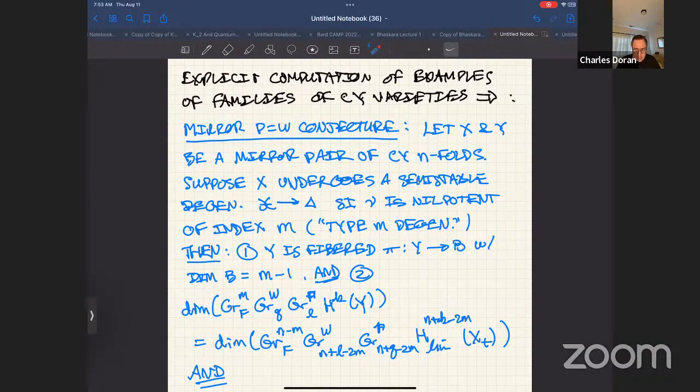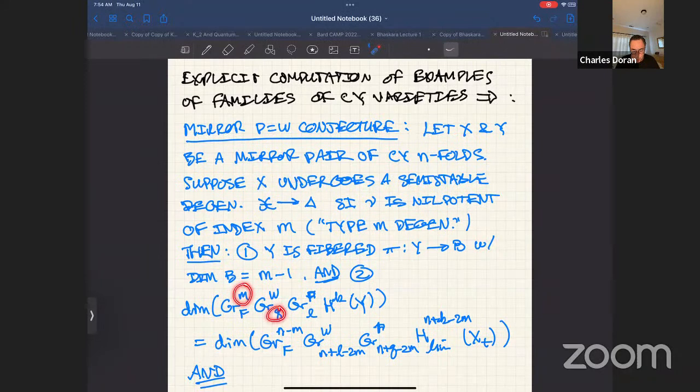And secondly, the dimension of, okay, now I'm going to do graded pieces, but this is slicing and dicing the graded pieces because we have F, W, and P type filtrations to work with, right? So, monodromy weight filtration, perverse Leray, or weight filtration, perverse Leray, and Hodge.